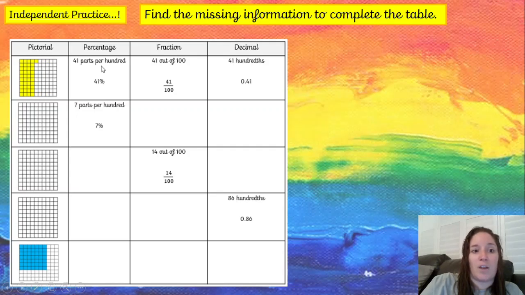You then need to write how many parts per 100 and the percentage, the fraction, and then the decimal. Some of them have been done for you and some of the boxes are empty. So have a go at doing that. Pause the video and come back when you're ready to move on.